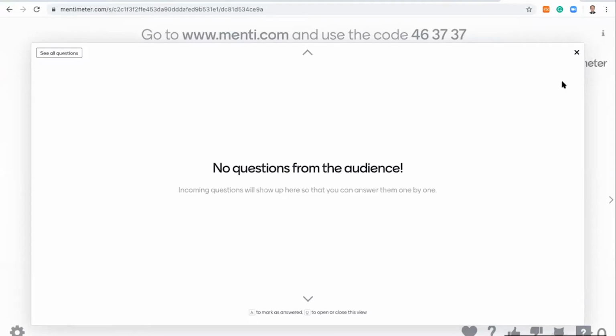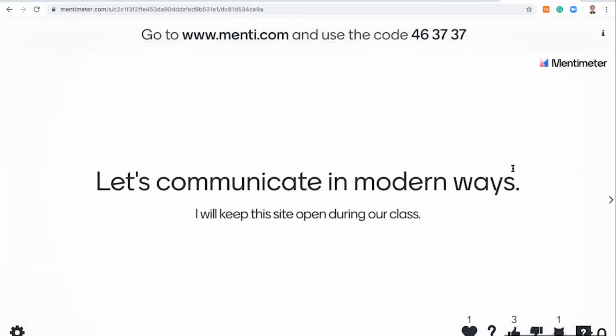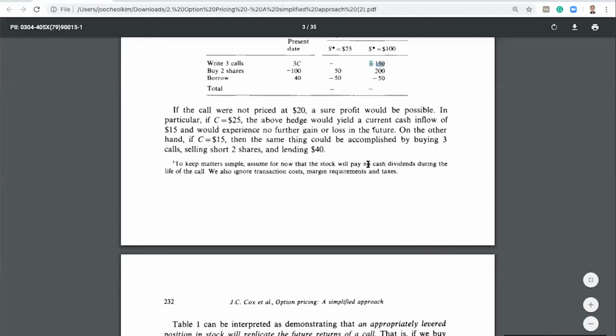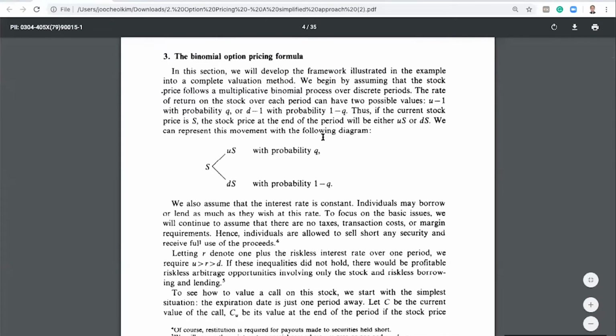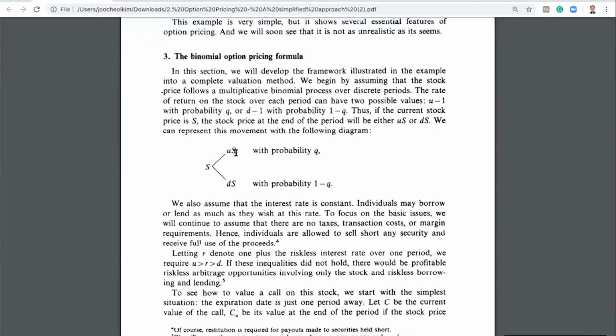Okay, I'm going to go a little bit faster. Even if you don't understand these things yet, it's okay. What I really wanted to talk about is this picture, this diagram. S is the current price of the stock, and when it goes up, it's not just adding; it's a multiplication.